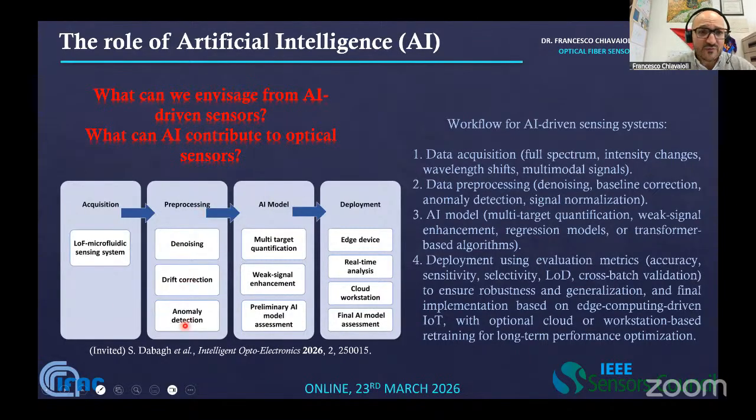The first step involves pre-processing, what we call data acquisition, that is, what we get from the sensor, so the full spectrum, all the parameters we get, okay? And then the data pre-processing is done by denoising, baseline correction, anomaly detection, or signal normalization.